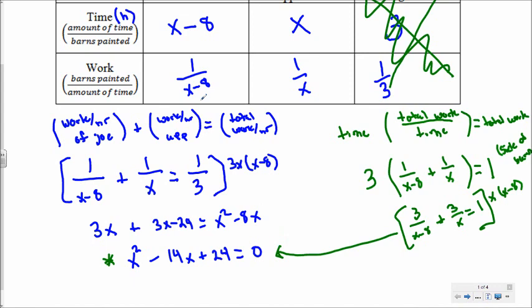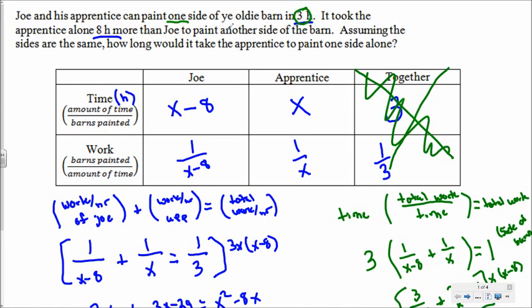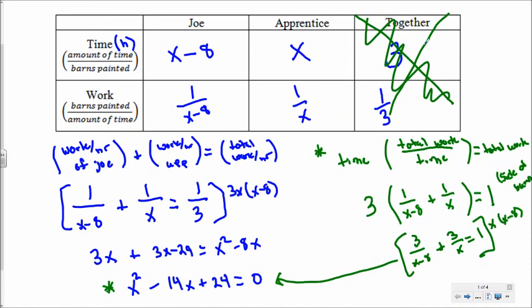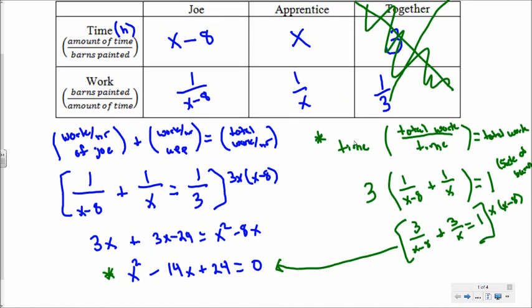So I've given you two conceptual methods for setting up this kind of word problem: using a table to organize the information, and this second way. I'm going to focus on this method only because it saves me time in having to fill out this together column. It's not necessary.